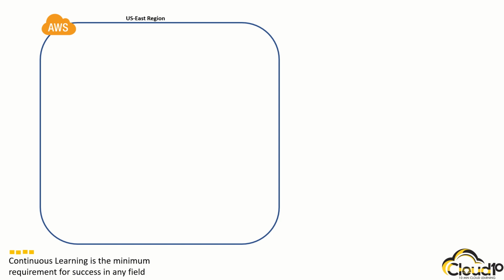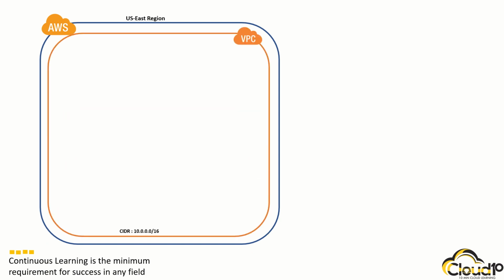So I have my AWS region, that is US East. Inside that I'm going to create another VPC with CIDR range as 10.0.0.0/16.